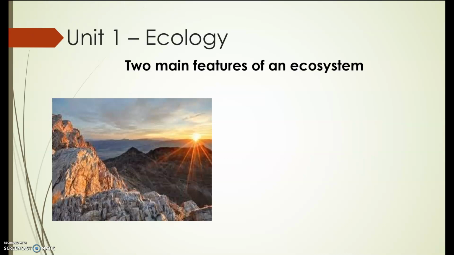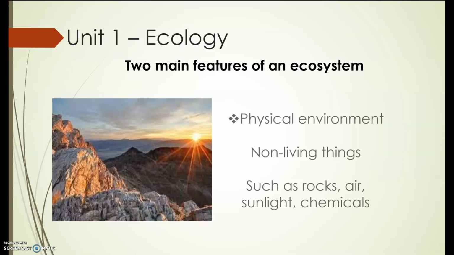Now let's talk about the two main features of an ecosystem. The first one is the physical environment. Repeat after me. Physical environment. Very good. So, physical environment refers to non-living things.